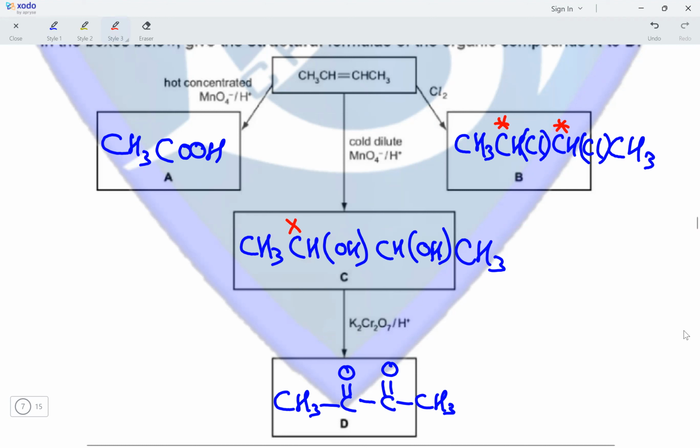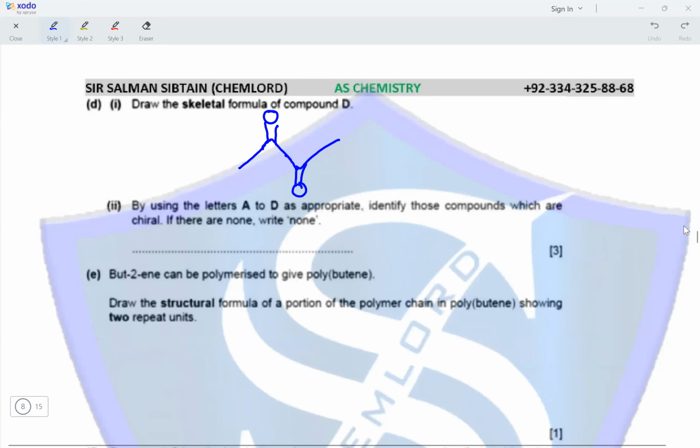Compound C will also have one and two chiral carbon atoms present. And compound D will not have any chiral carbon atoms present. So in total, we have two compounds with chiral carbon atoms present, which are compounds B and C. So we mention compounds B and C in the given space.